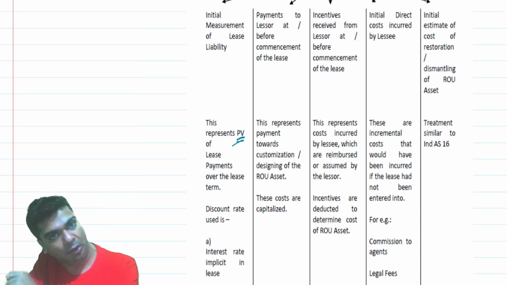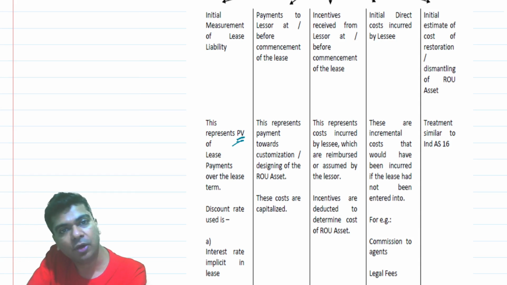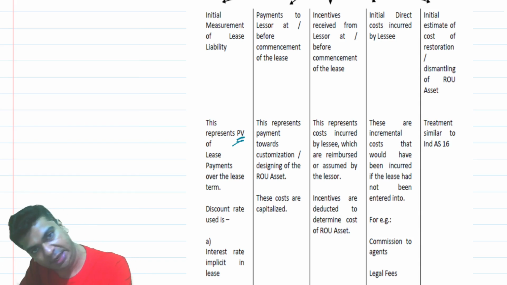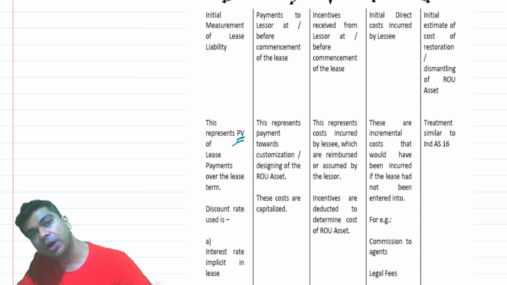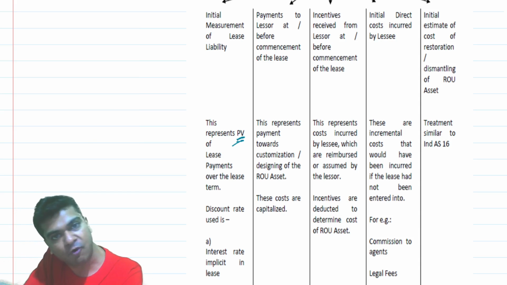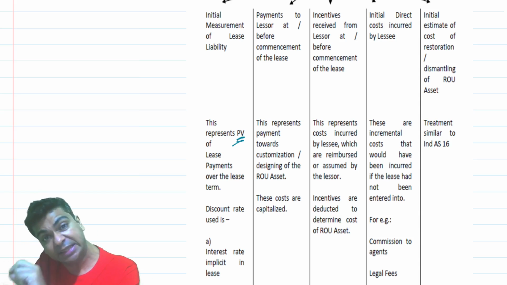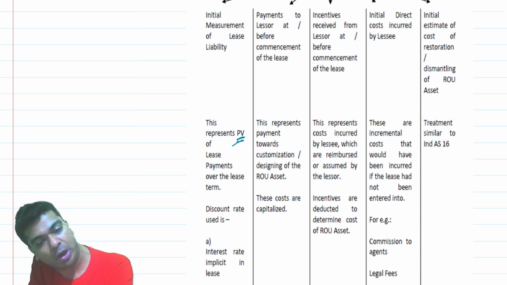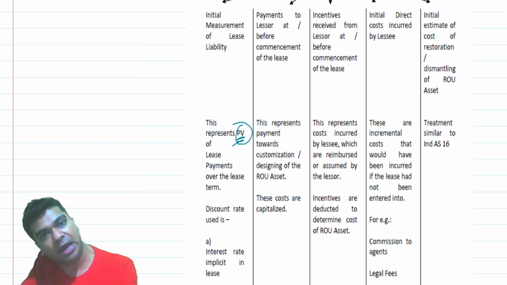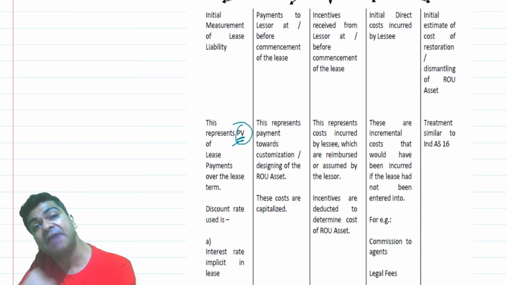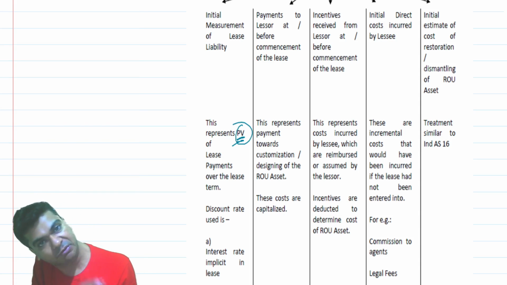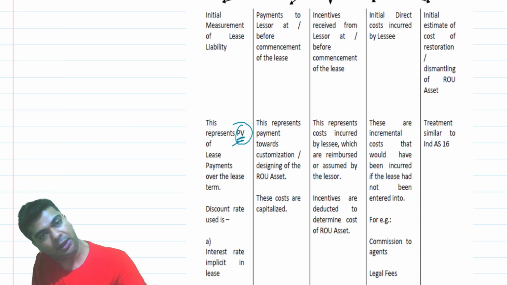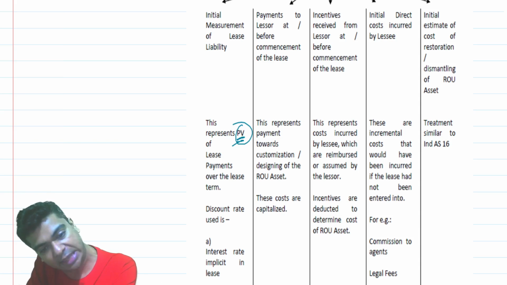As I said earlier also, what will be included as a part of lease payments, what shall be excluded, that is a separate discussion. Right now understand that whatever are the items which will form part of the lease payments, they will be discounted. See, you are using the word present value, so they are going to be discounted, and I will find out what is its present value. This is the very first item that will be included when you are calculating the cost of the ROU asset.